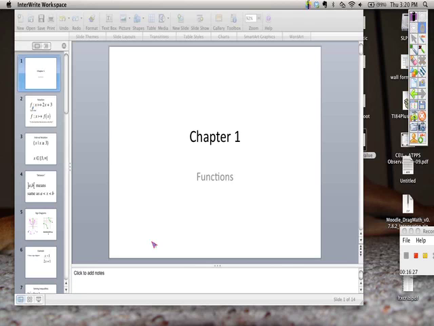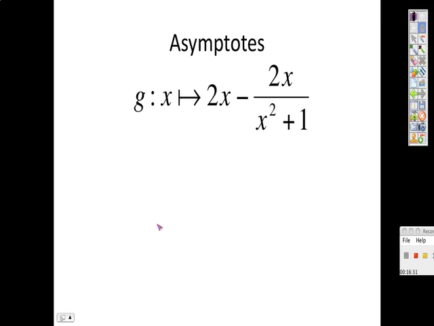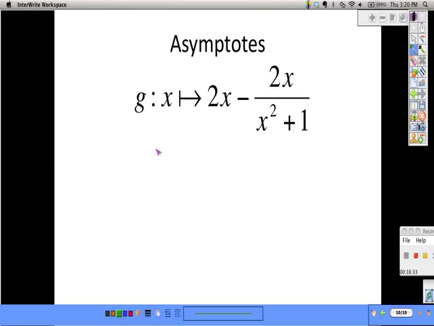So let's take a step back to this previous example, this function g. We want to know where the asymptotes of this are and what they are.